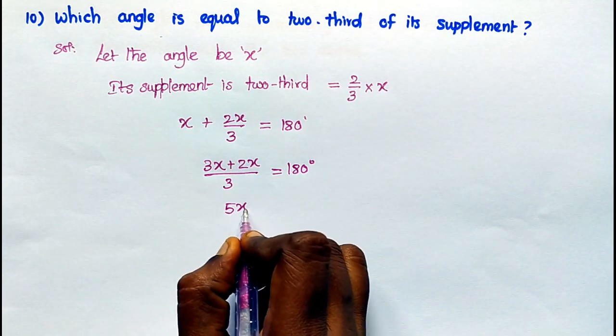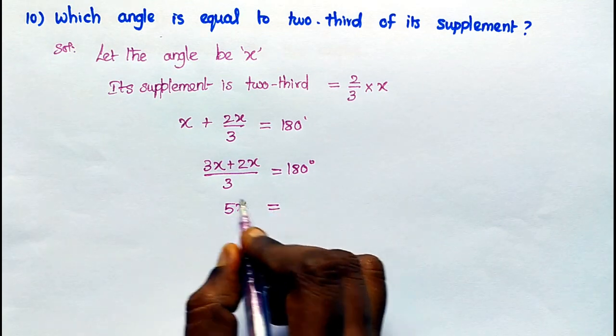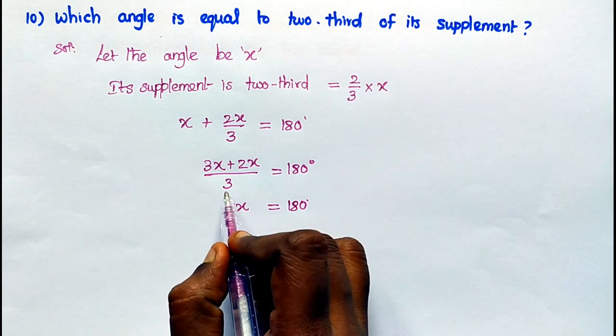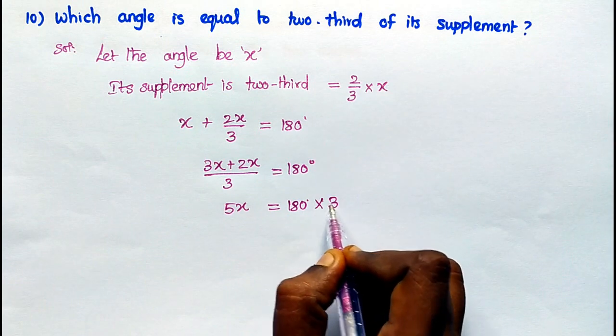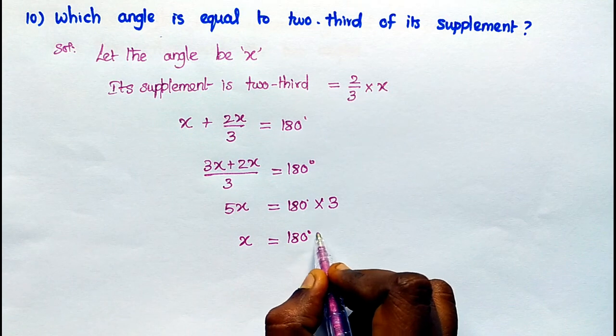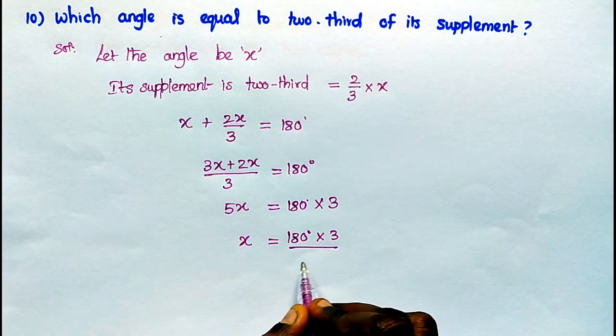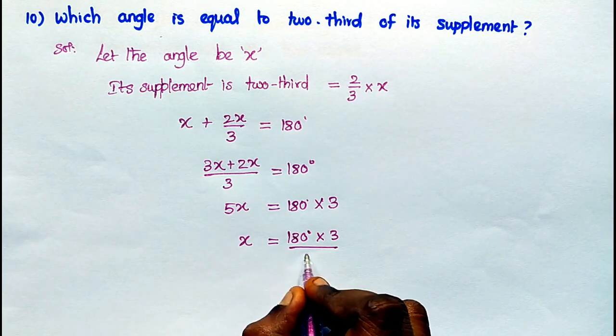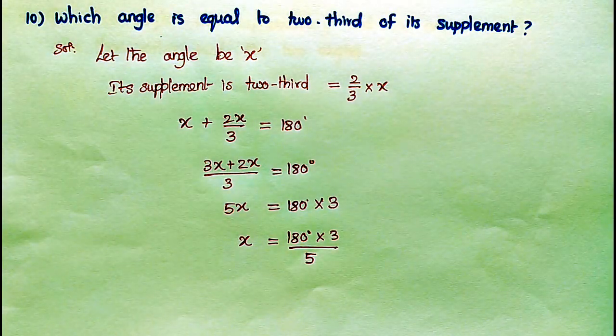Now 5x equal to, here 3 is in division, bring this side means multiplication. Now x equal to 180 into 3 divided by, here 5 is in multiplication, bring this side means division.